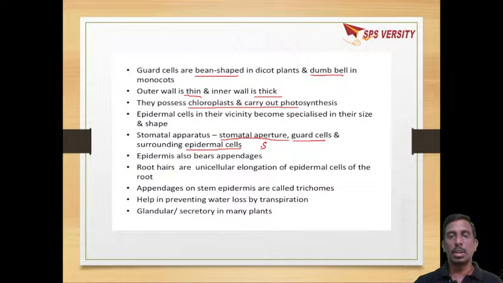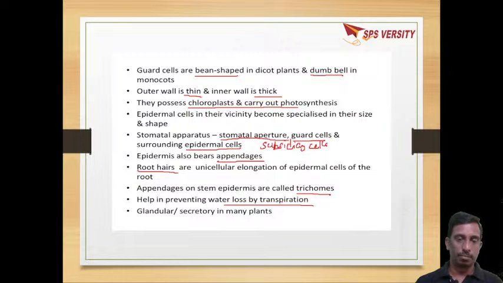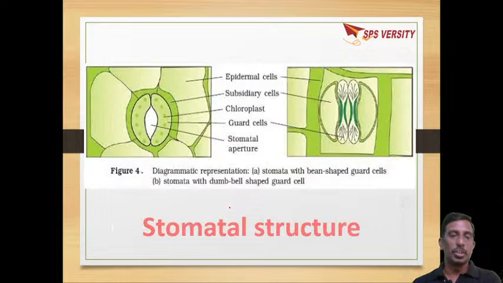Surrounding epidermal cells को क्या बोलते हैं कि subsidiary cells. और इसके साथ अपेंडेजेस, क्यूटिकल, स्टोमाटा और अपेंडेजेस भी रहता है. सो रूट्स में रूट हेयर्स रहता है which will absorb water and minerals. स्टेम, if you look into the appendages in the stem, इसको क्या बोलता है कि ट्राइकोम्स, so which will prevent water loss by transpiration.